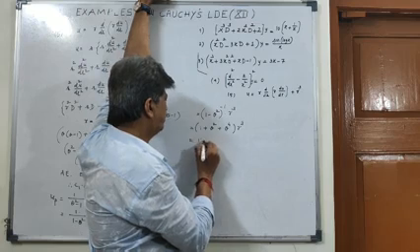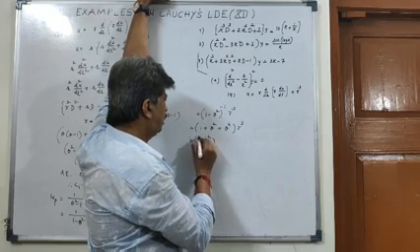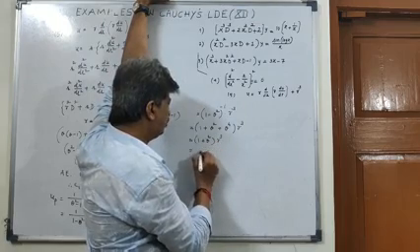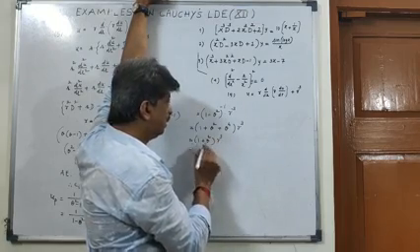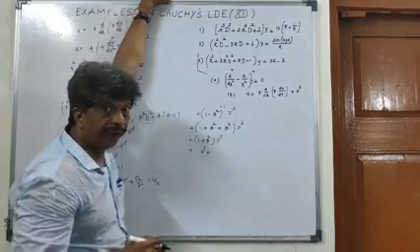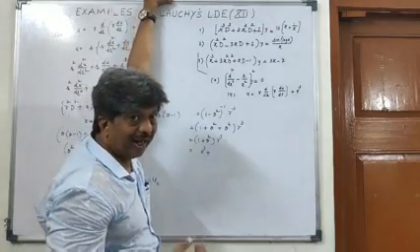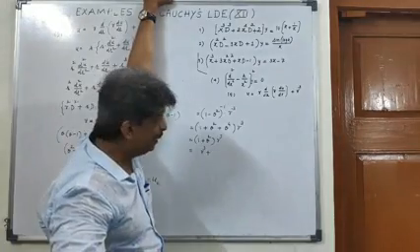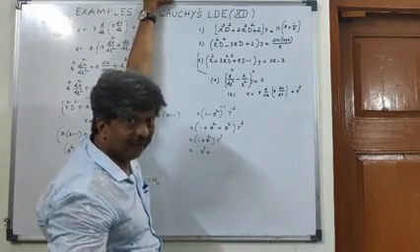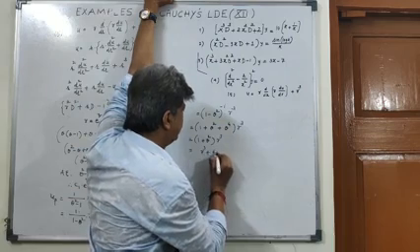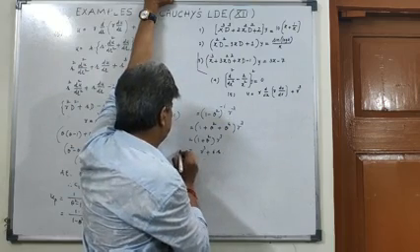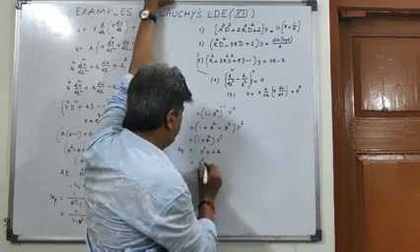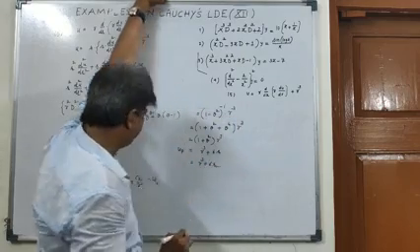So 1 plus theta square operating on r cube: 1 into r cube is r cube, plus theta square of r cube, the second derivative of r cube with respect to r. First derivative is 3r square and second derivative is 6r. So up is equal to r cube plus 6r.